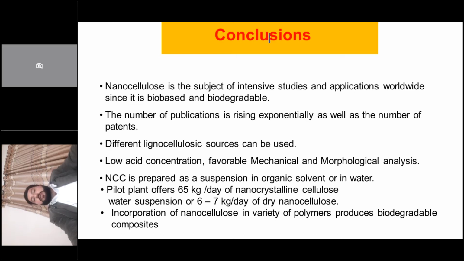And the incorporation of this nanocellulose in a variety of polymers can yield composites with high mechanical properties, best flexure strength, elasticity, and high thermal and other important properties which are the demand of modern day industry. So this is all about today's presentation.